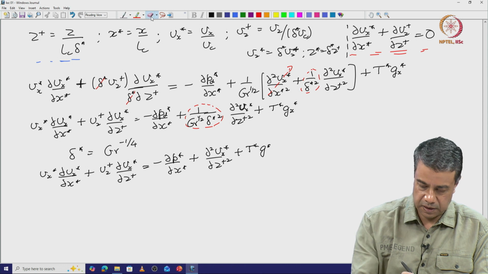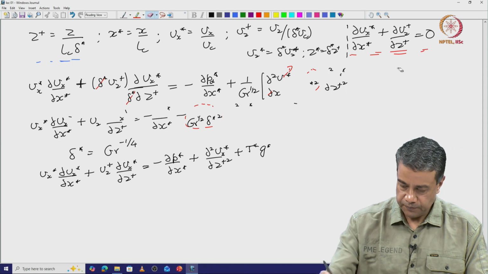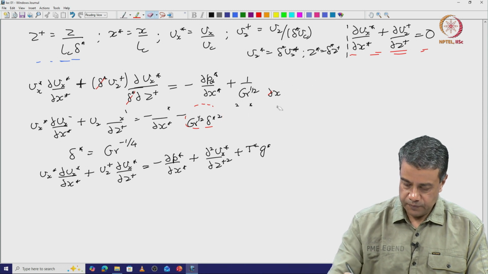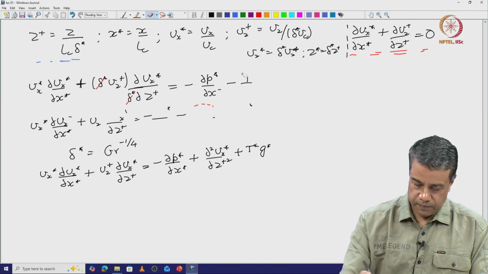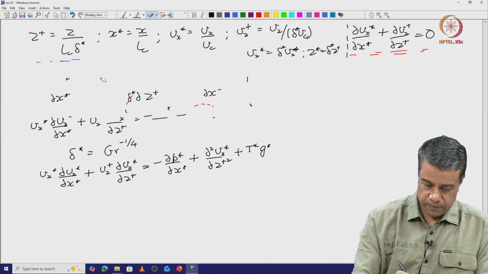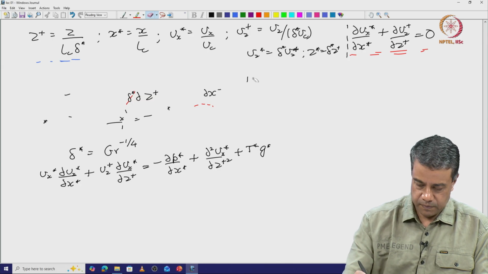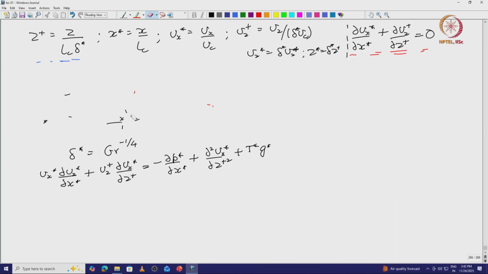So, let me write that again over here. Delta star is equal to Grashof to the power minus 1 by 4.